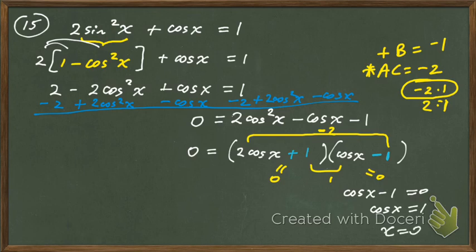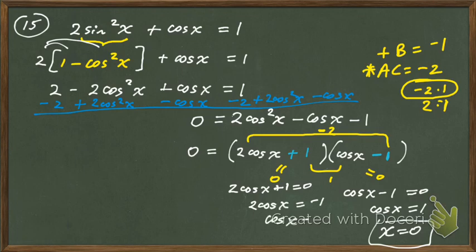Do you know where that occurs? You might be able to look at it on your trig table. Cosine of 0 is 1. Now we have 2 cosine x plus 1 equals 0. If I subtract 1, and now if I divide by 2, I want cosine to be -1/2.